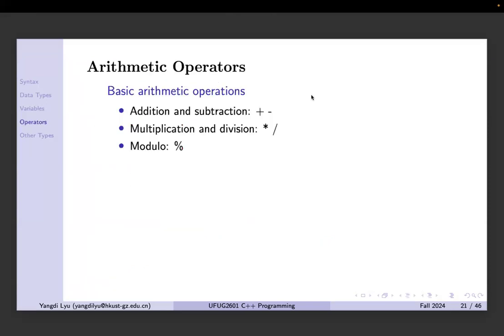All right, some of the operations. The first one is arithmetic, the basic ones: plus, minus, multiply, divide, right? Modular. So what is modular in Chinese?